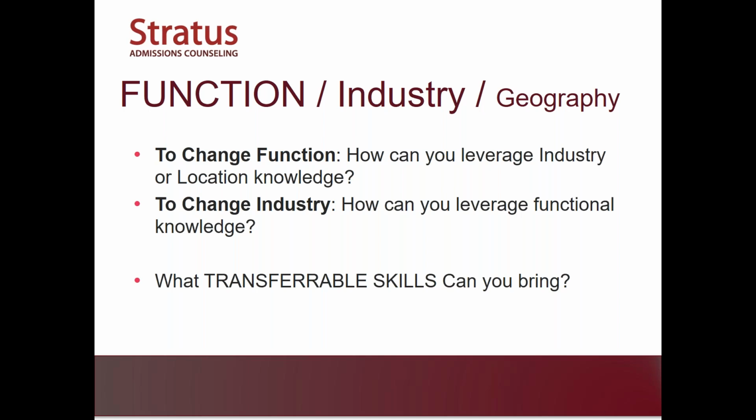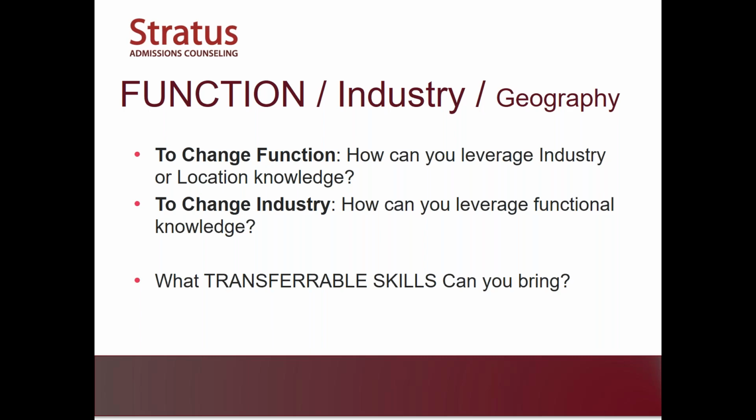There we go. So you want to think about how you can leverage your industry or geographical knowledge. So, for example, if you wanted to change from New York to San Francisco, or say New York to London, or go to a new country in the tech industry, which is now obviously very global, you could use an MBA to potentially change locations.